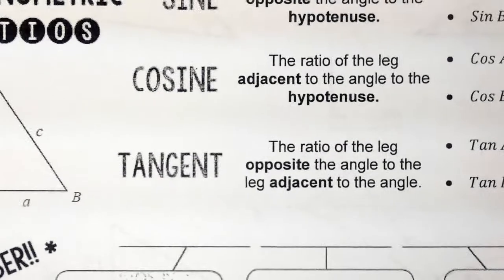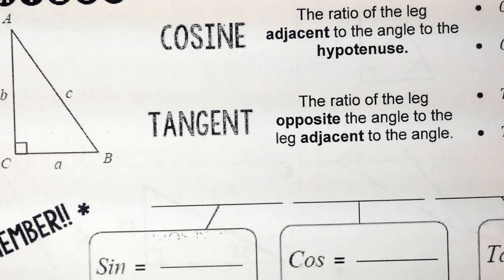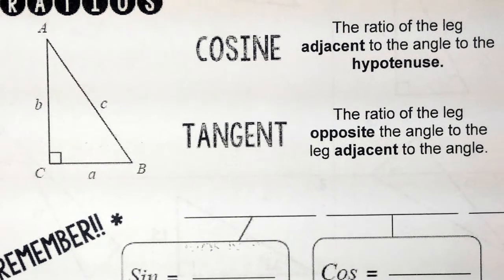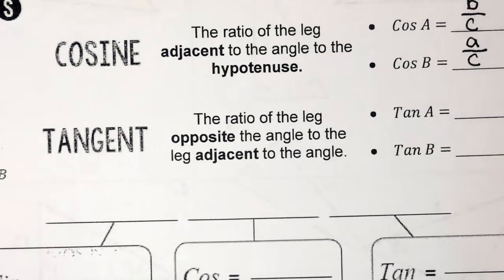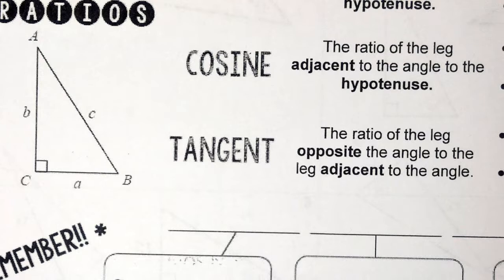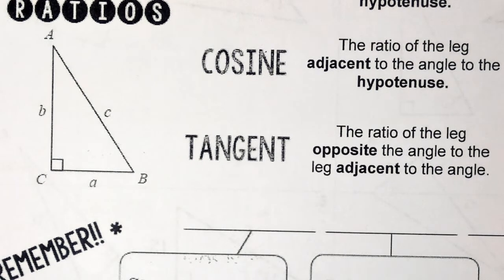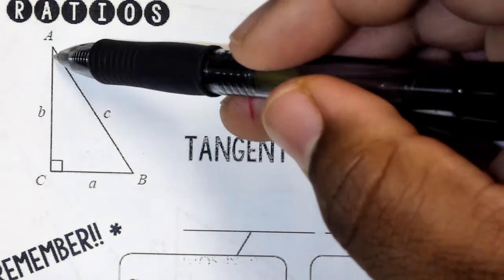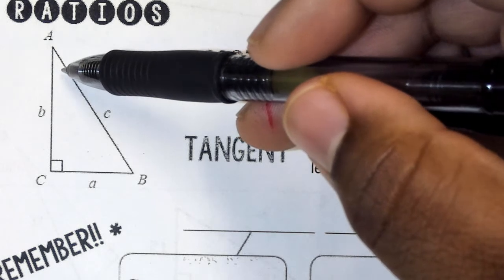The last one is tangent. Tangent is an opposite over adjacent ratio. They want us to do tan from angle A and from angle B. London, tan from angle A. Opposite over adjacent from angle A. From angle A, give me a ratio of opposite over adjacent.